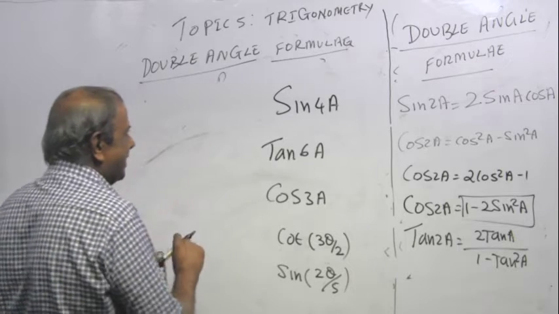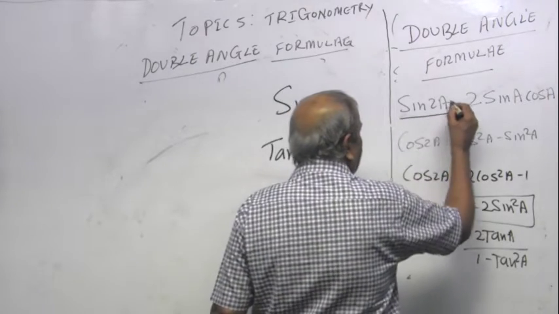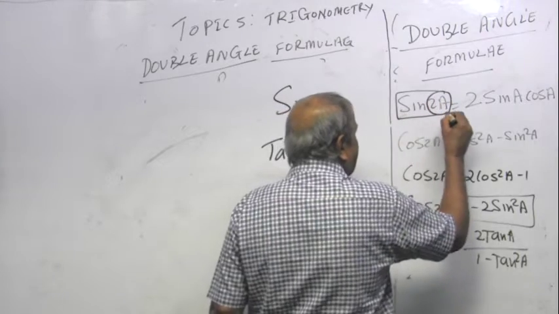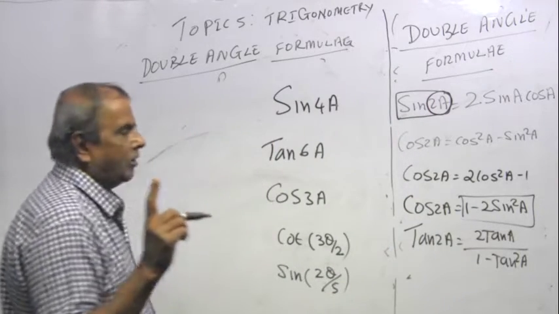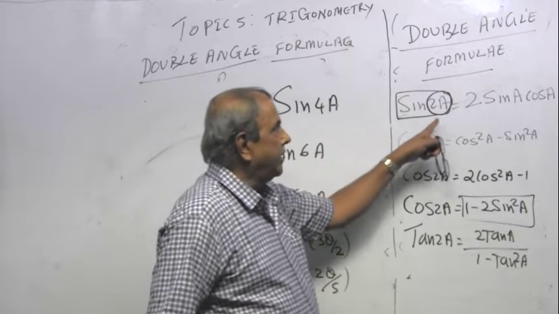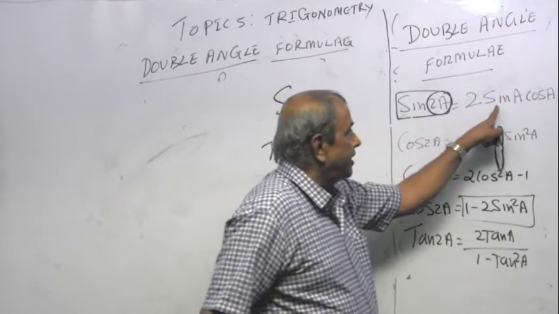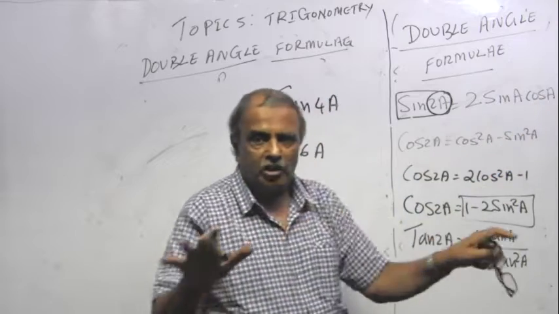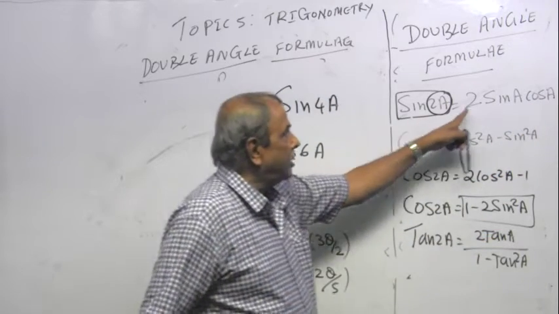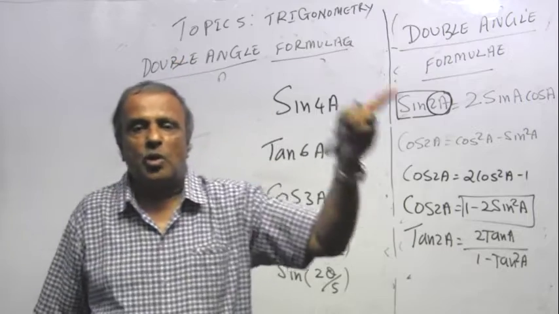Let's take sin 4a. To understand this formula, remember, you can apply this formula to any angle. It's only that, for example, if you have 2a, it becomes a and a. This sine, this 2, that sine, that cos does not change. Only the angle changes in the ratio 2 to 1.